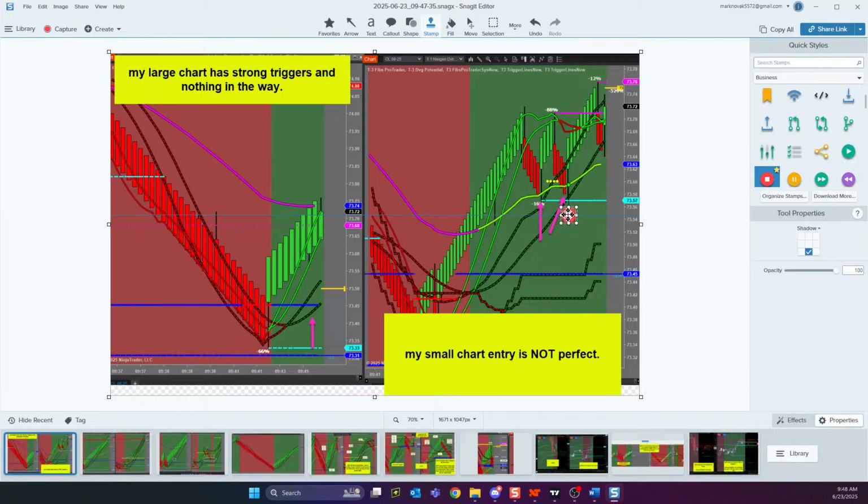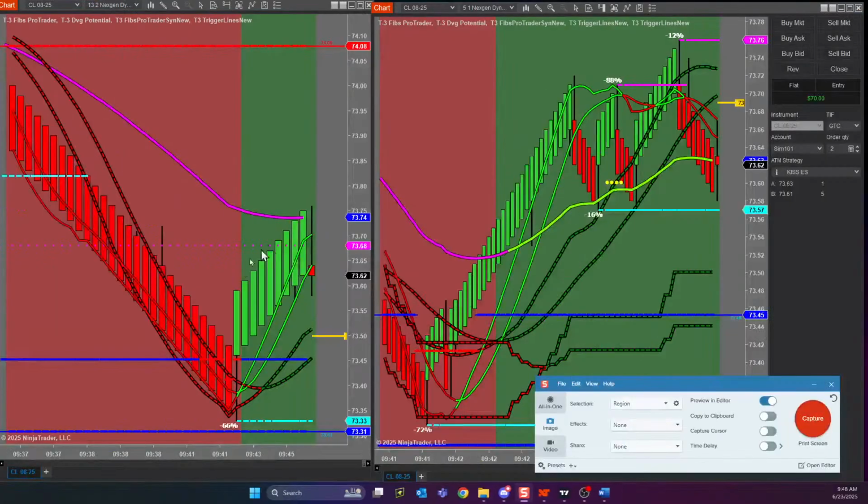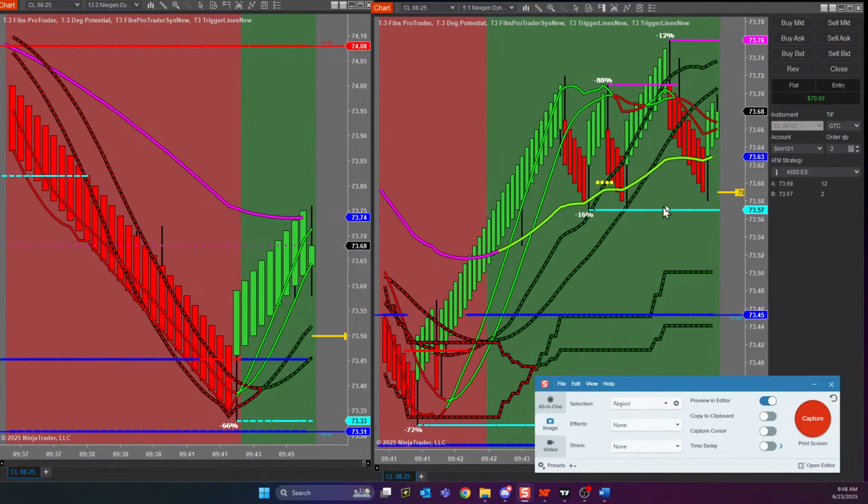The second stop movement is behind a reversal bar in the direction of the trade. So when you're looking for confirmations, if the large chart's perfect, but the small chart isn't, sometimes a confirmation bar becomes a great opportunity. Doesn't guarantee a win, but it at least gives you a place to put your stop. And sure enough, in this case, you would still be in this trade because you still have odds favorable.